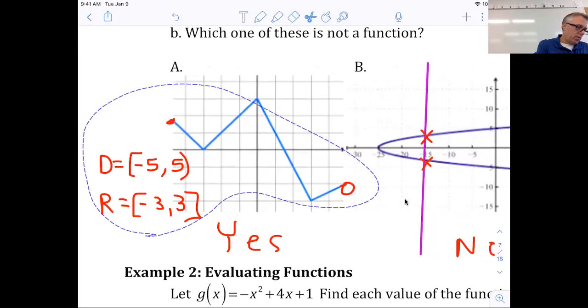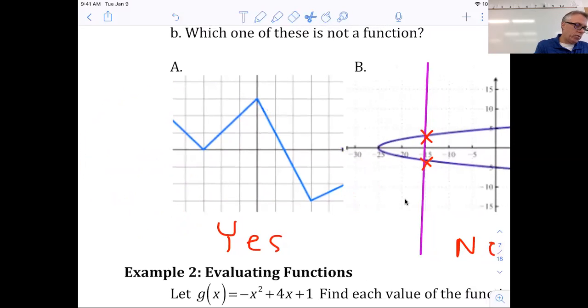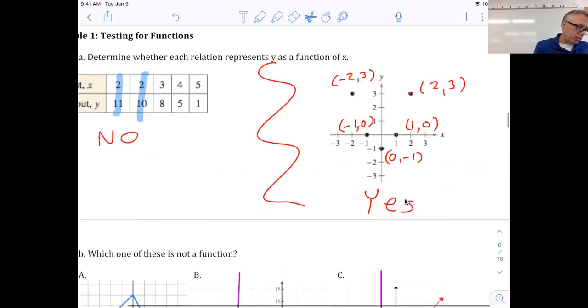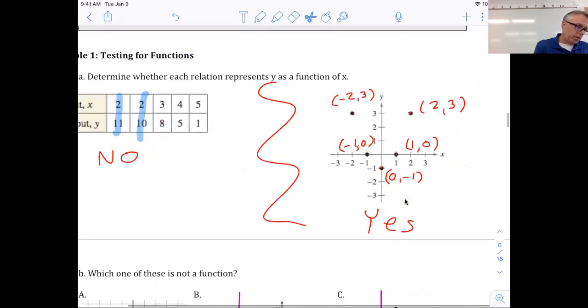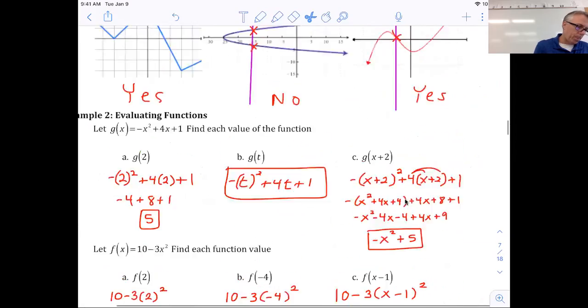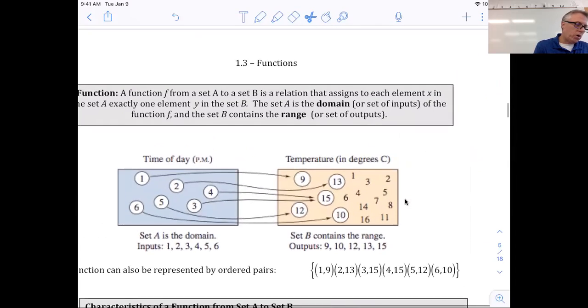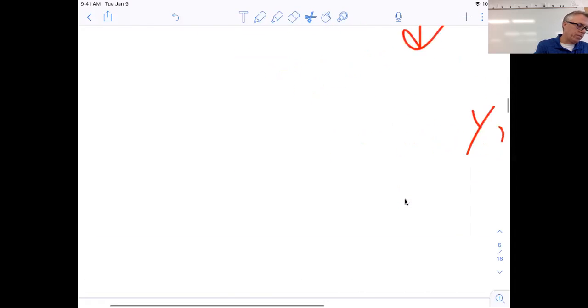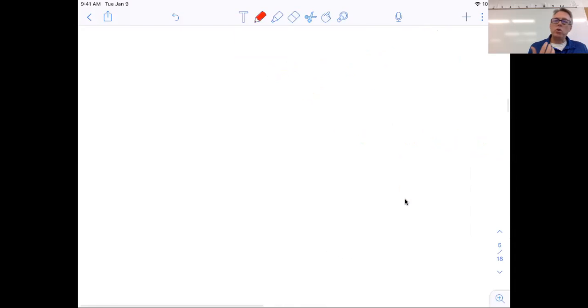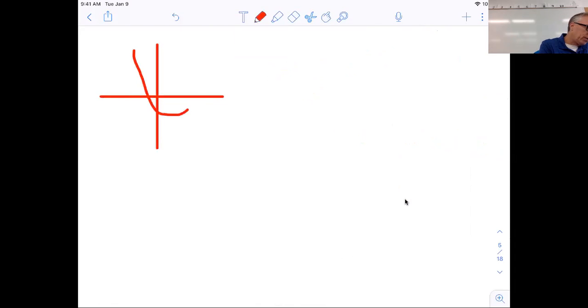All right, well, then I'm going to look up here. And I'm going to draw a couple of pictures and just look at our domain and range from a graph. Let's say I had a parabola, and the parabola looked something like this.